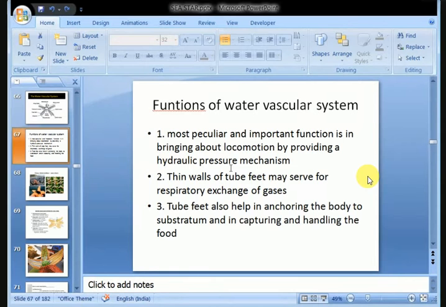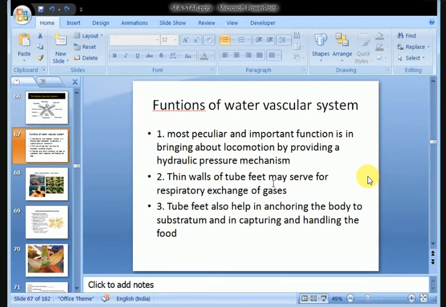Also, other than locomotion, the thin walls of tube feet may serve for respiratory gaseous exchange, right? So exchange of O2 with CO2, and the thin walls are important in respiratory exchange.